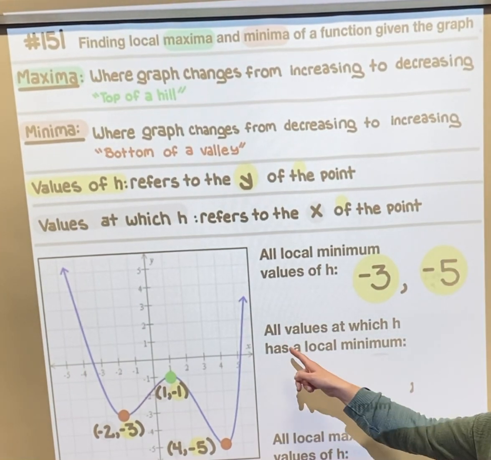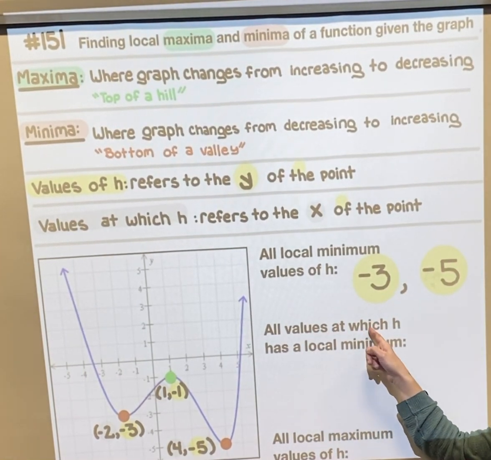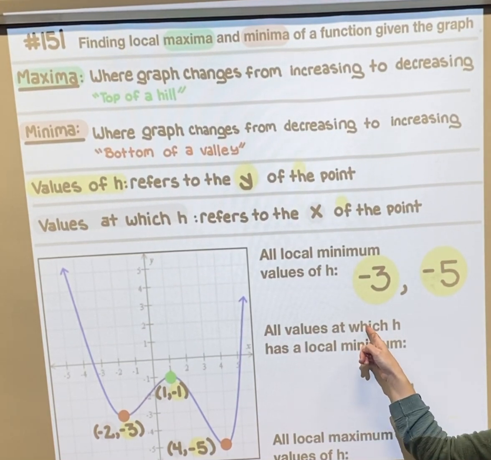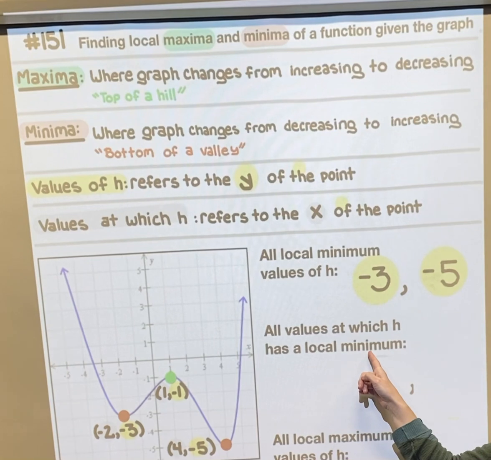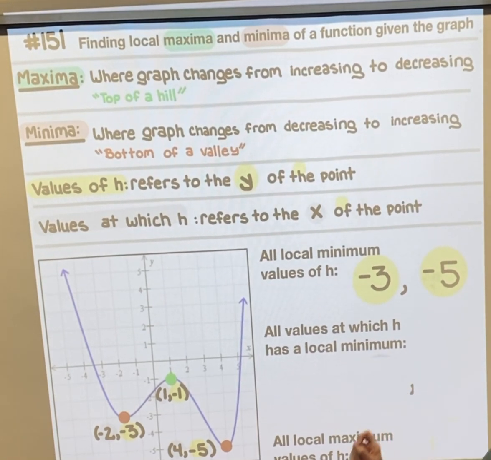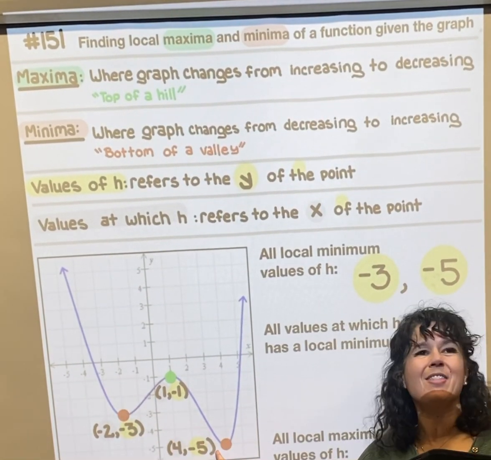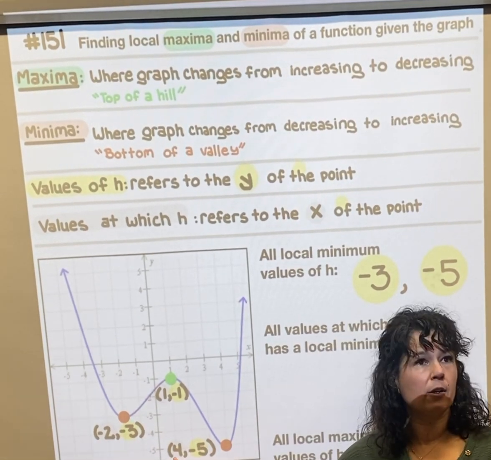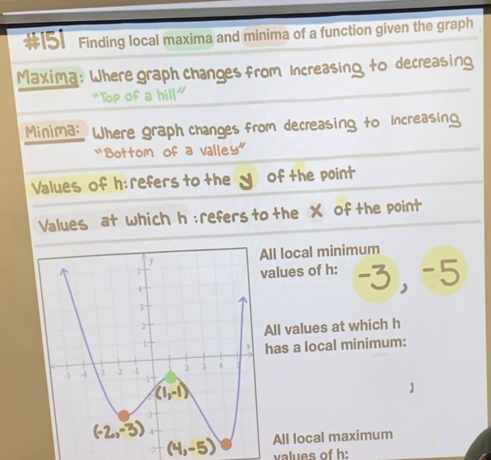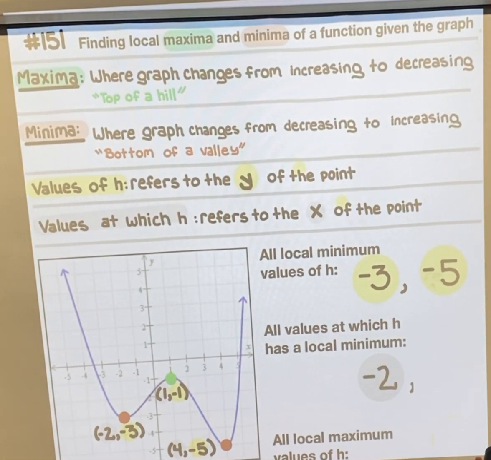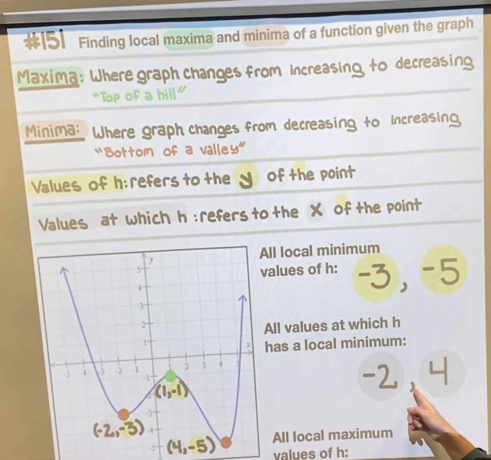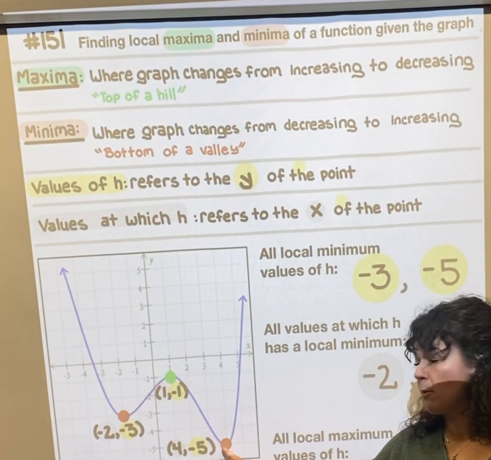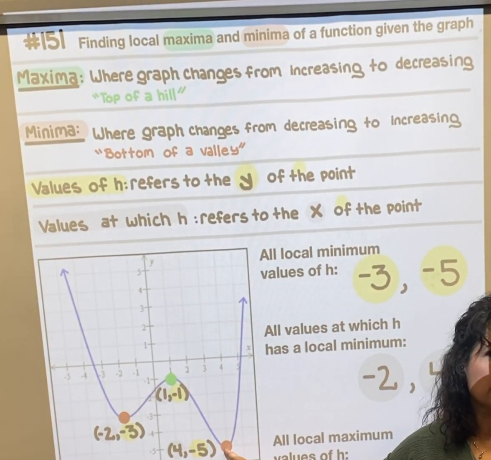Okay, this one says all values at which, that's referring to the x's that make it a minimum. Okay, so here's my minimums, but the x's are -2 and 4. Okay, so in both of these sets of numbers, they were both minimums, so they came from those 2 red dots.